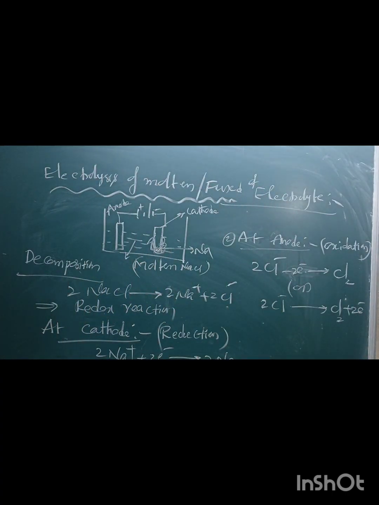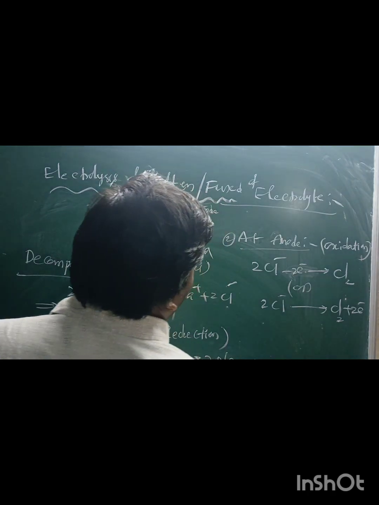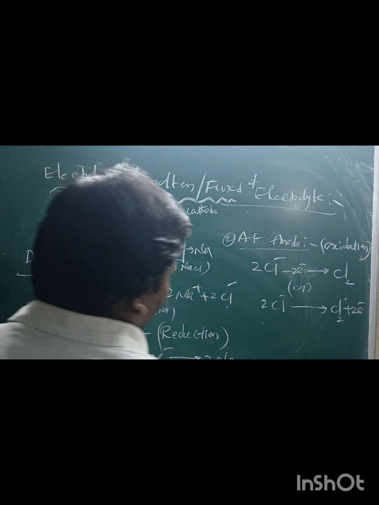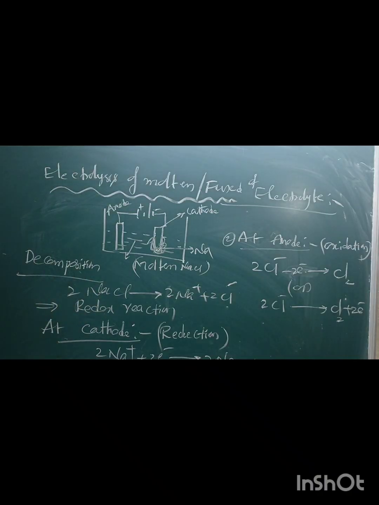That means here we can conclude that in molten NaCl, at a cathode sodium metal is deposited. At the anode, chlorine gas is liberated. I hope it is clear.